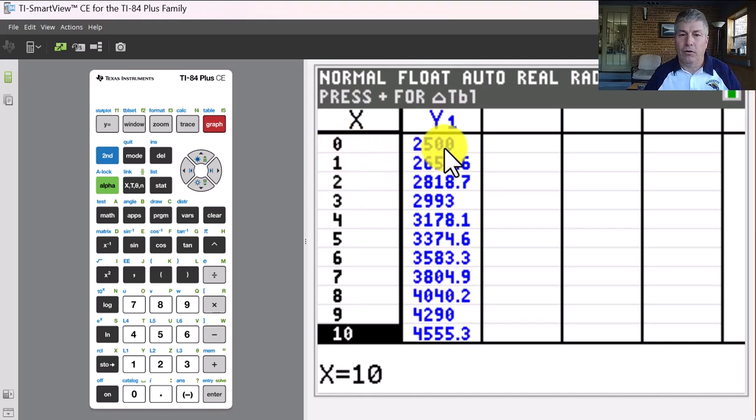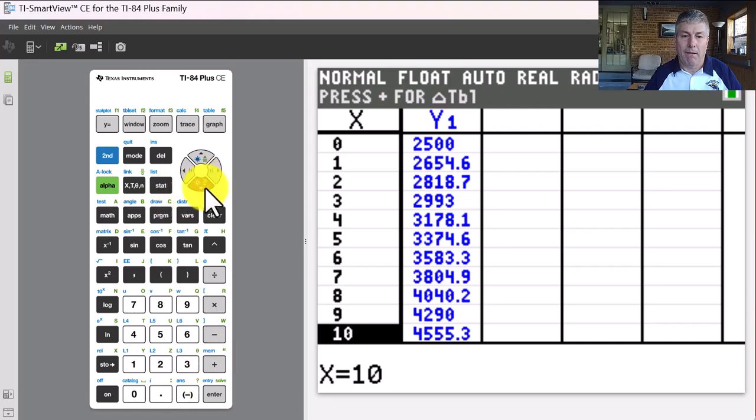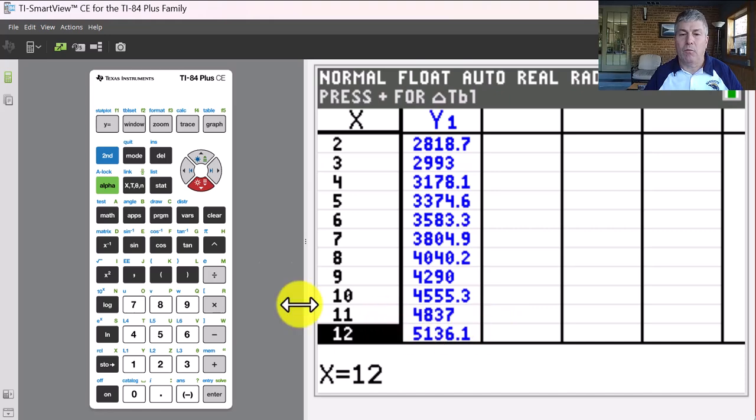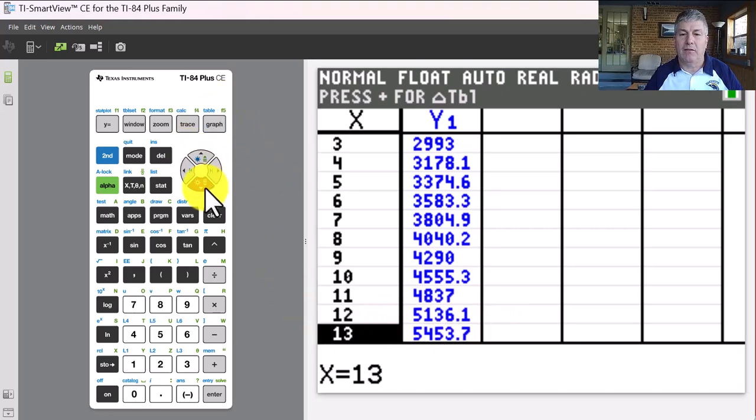So for 0 years, it's $2,500. For 4 years, $3,178.10. For 8 years, $4,040.20. For 12 years, $5,136.10.